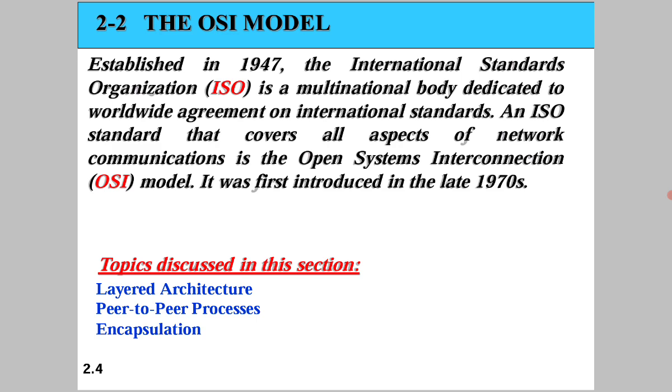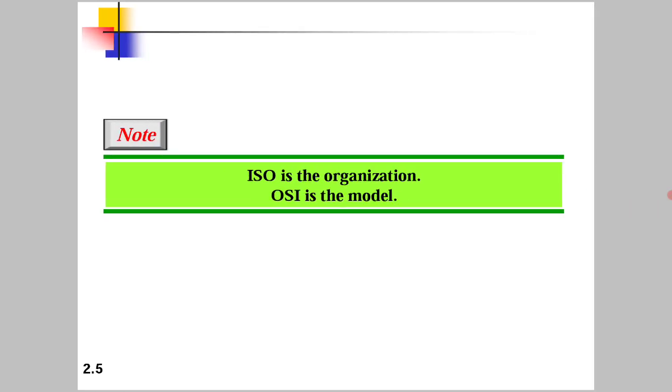We divide the task into different layers for ease of purpose and for various reasons like security and error detection. The topics discussed in this section are: what is the OSI model, what is the layered architecture, why we require layers, and peer-to-peer process and encapsulation.